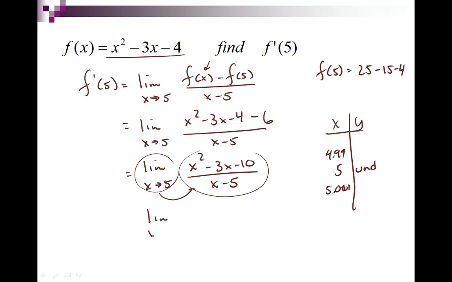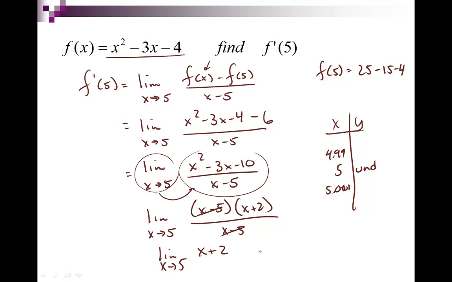Well, if I continue with my work, and if I factor the numerator and simplify, we will see that the limit of my difference quotient as x approaches 5 of x plus 2 will actually equal 7. Now remember, this statement that these two are equal is true only when x does not equal 5, and yet I'm plugging 5 in.